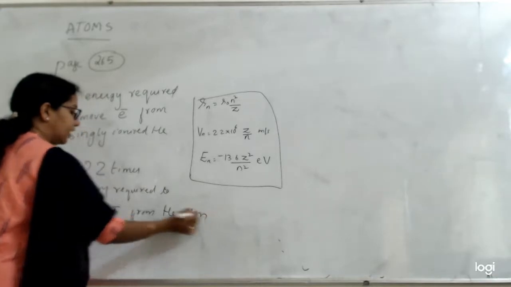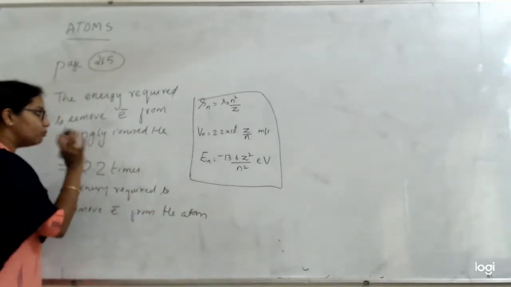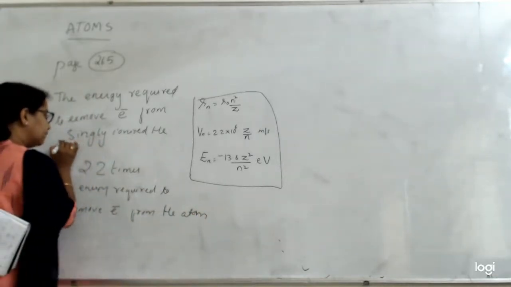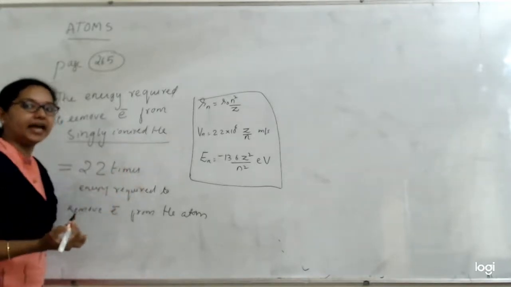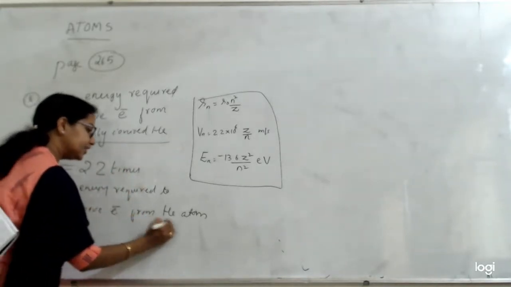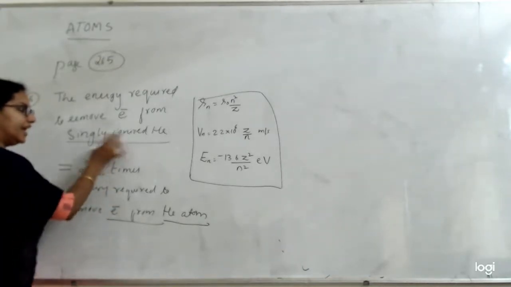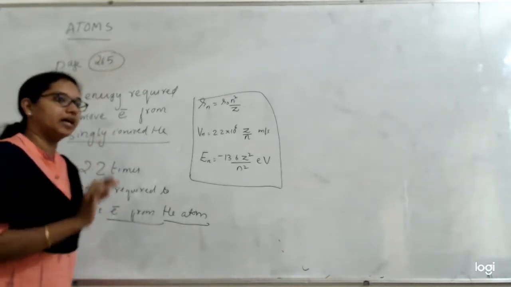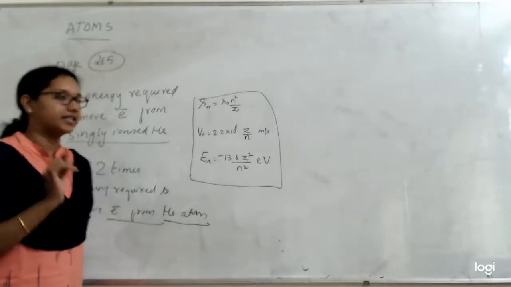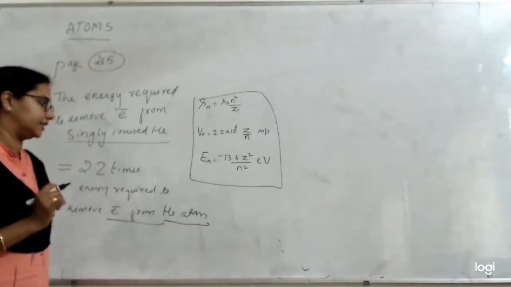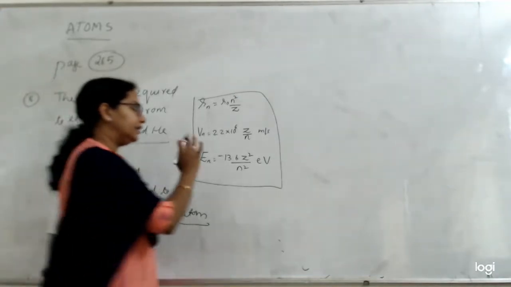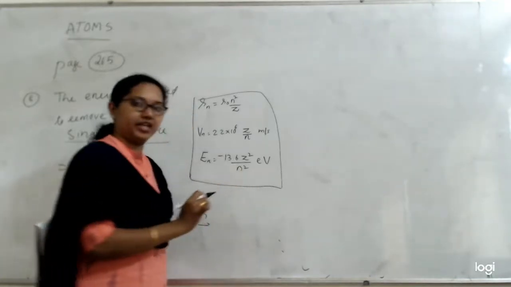See the question I have written, because both are helium, people will get confused. This is the singly ionized helium and this is your normal helium. Singly ionized helium is nothing but the same as your hydrogen atom, so in those cases, I can use the equation.